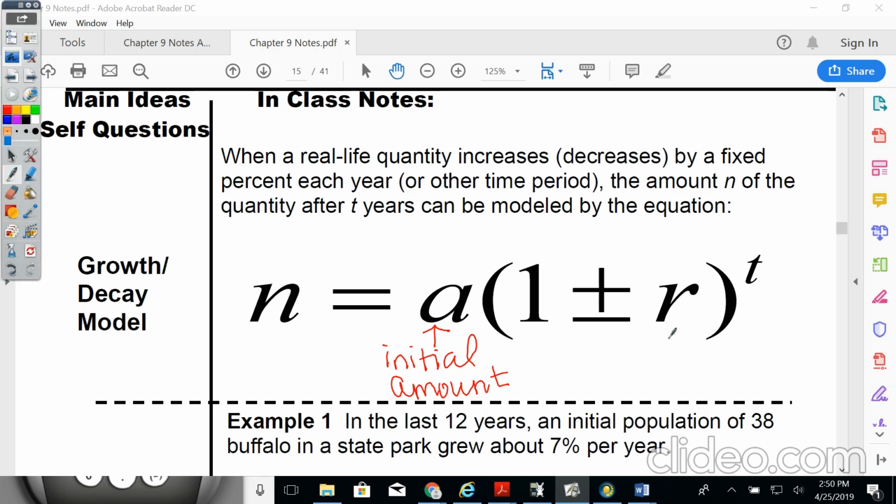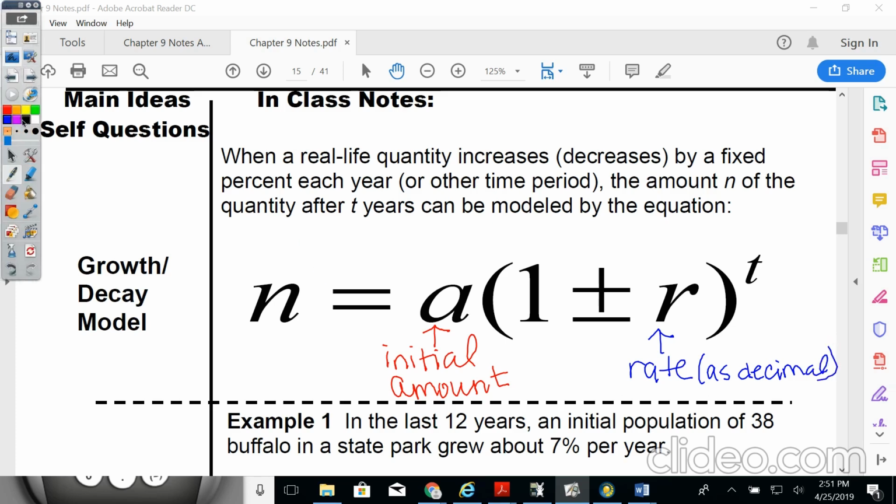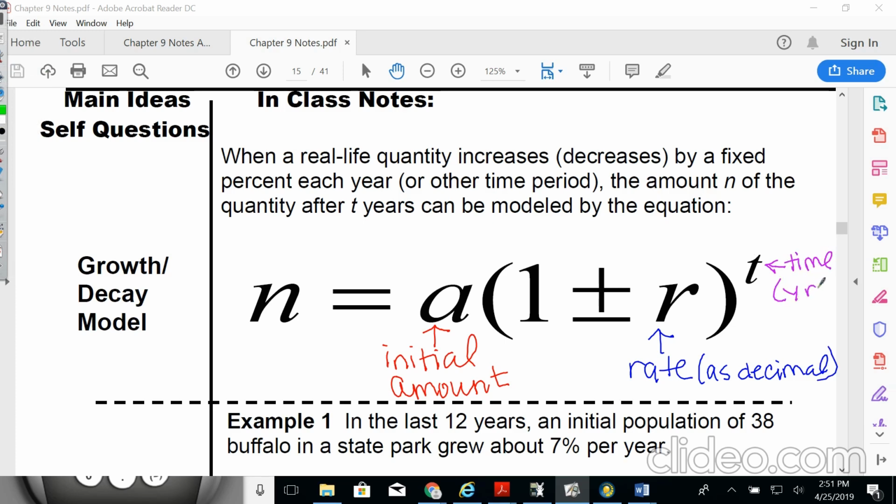The R here is your rate of increase or decrease, and it's usually given as a percent, but you need to convert it to a decimal. The exponent is your time, and usually it's in years, but it can be other increments or other time periods.